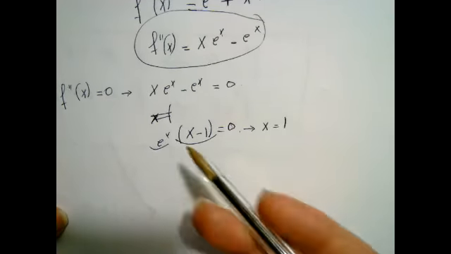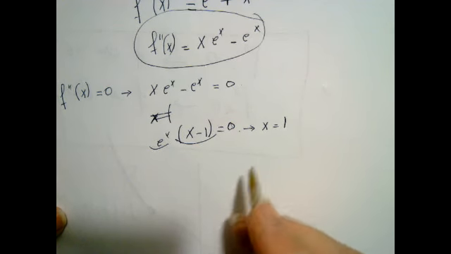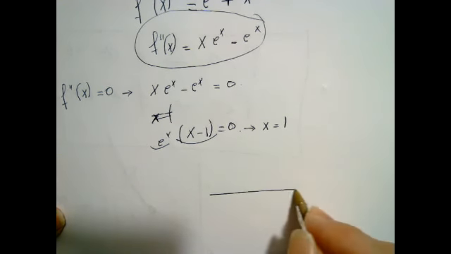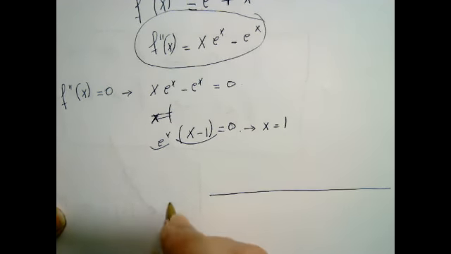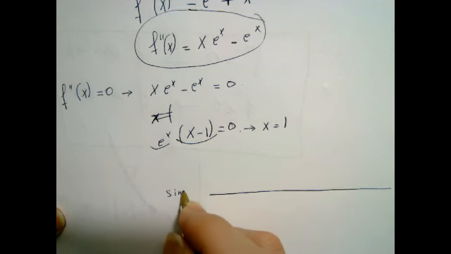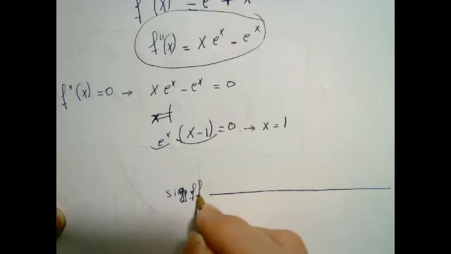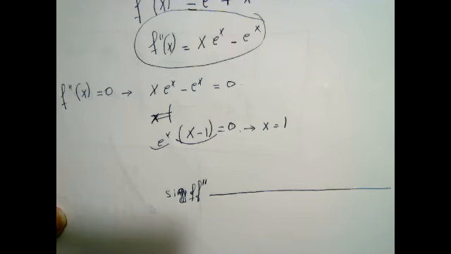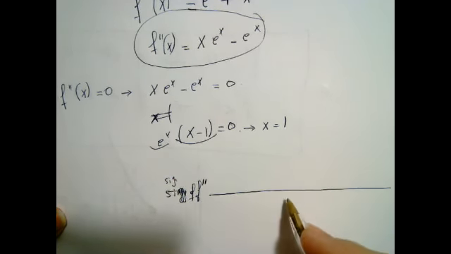All right, so now when is this positive? As I said, the technique we use is exactly what we did for the first derivative. So here we put the sign of f double prime. That's what we care about. We pick at 1, this is 0.